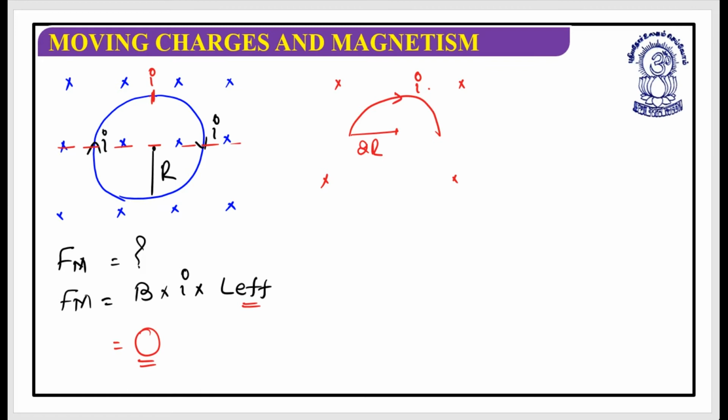This is the first segment, and this is the second segment. For the first, F1 is B I into 2r. What would be the direction of this? Yes, it is in the upward direction. You are correct. So this force, B I into 2r, acts in the upward direction.